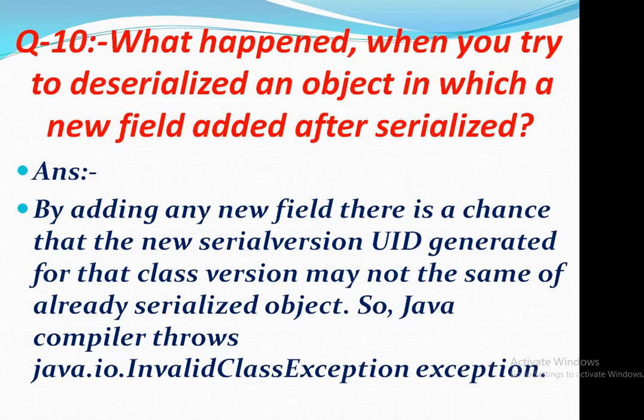So if we try to deserialize the previous object, it throws InvalidClassException.